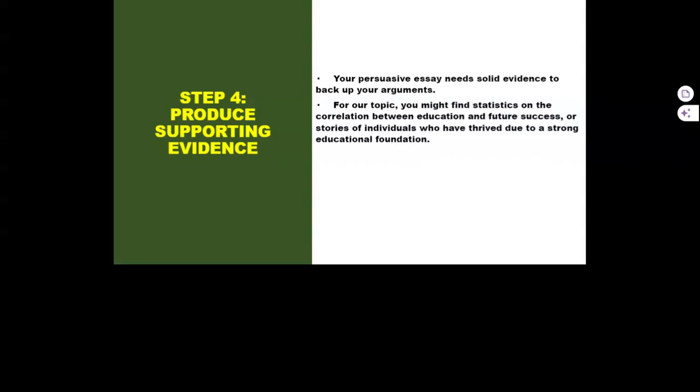Step number 4, produce supporting evidence. Your persuasive essay needs solid evidence to back up your arguments.